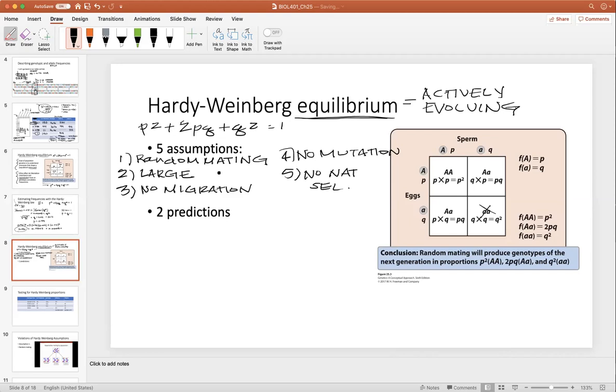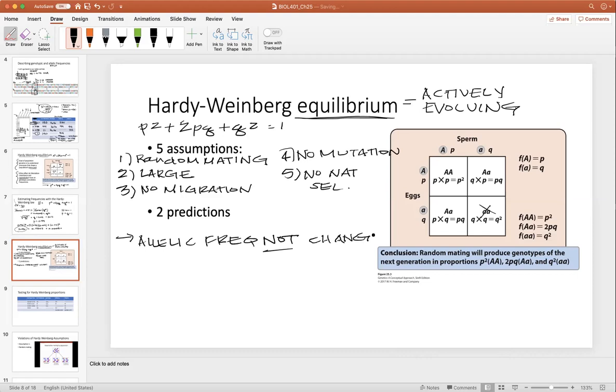So basically, we can use this equation to make 2 predictions. First of all, if all 5 of these things are true, then the allelic frequencies of a population will not change.